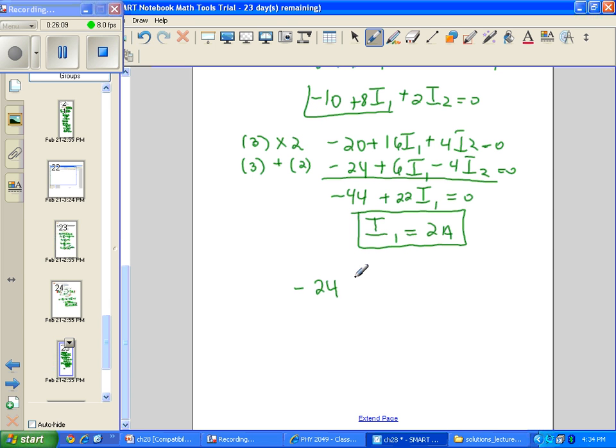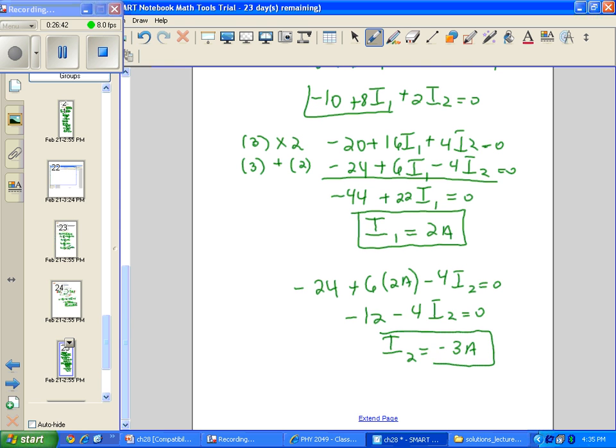Minus 24 plus 6 times 2 amps, what I just solved for, 6I1, minus 4I2 equals 0. Well, minus 24 volts plus 12 volts is minus 12 volts. Minus 4I2 equals 0, and I get a value of I2 equal to minus 3 amps.